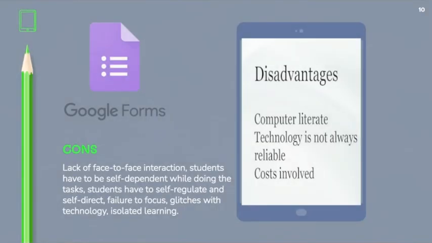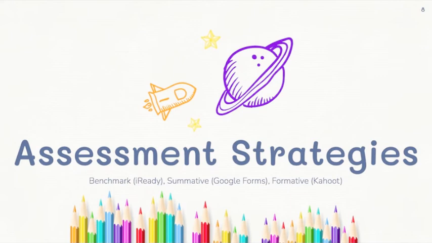Some cons when it came to that benchmarking, when it came to iReady, is some students wouldn't take it as serious as we would like, because on a positive note, it was very appealing to students. It's done in a game-based platform. Students find it fun. Sometimes that can impact a student negatively, where they don't take it as serious as they should.